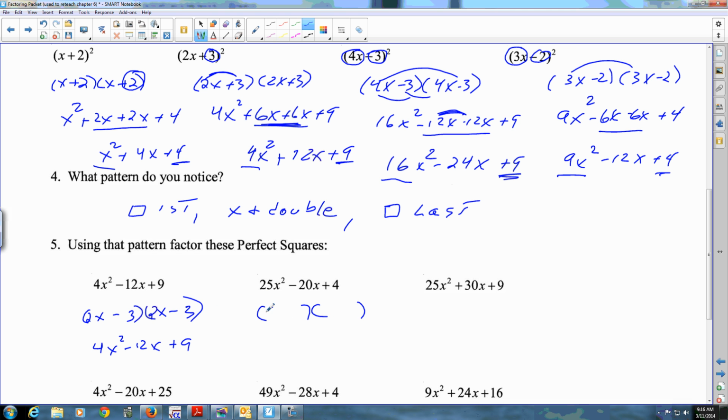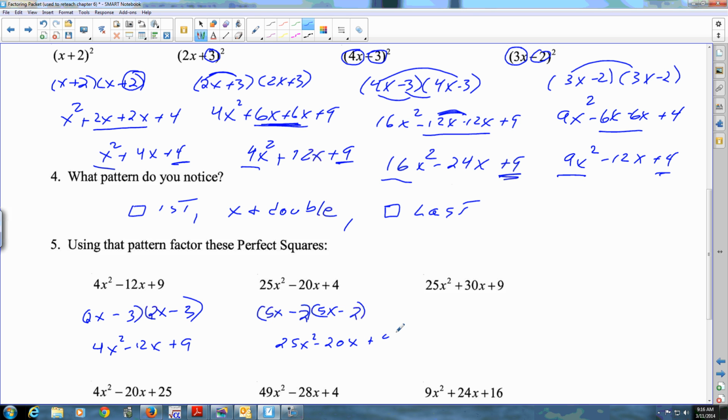Square at the front, square at the back, take the sign in the middle and put it in. And to show you, square it, then you go to FOIL it, so 25x squared. Multiply these together, so that would be minus 10x and a minus 10x, so you're doubling it, so that'd be minus 20x, because you're going to get 2 of them.